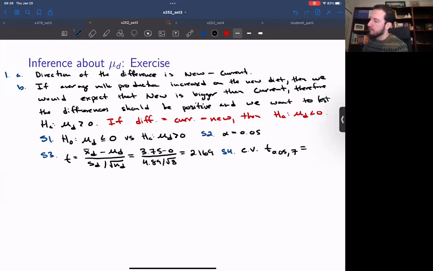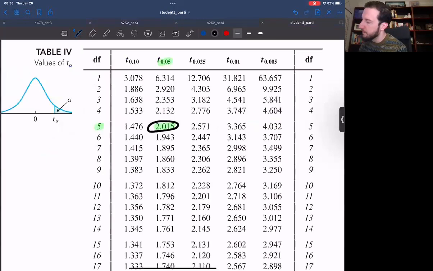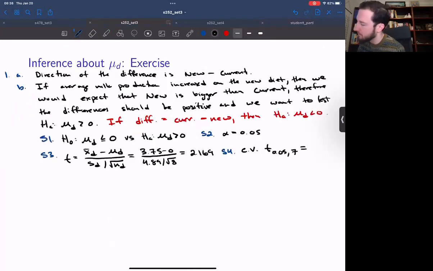So our t-value is on 0.05 and 7. And that gives us 1.895.